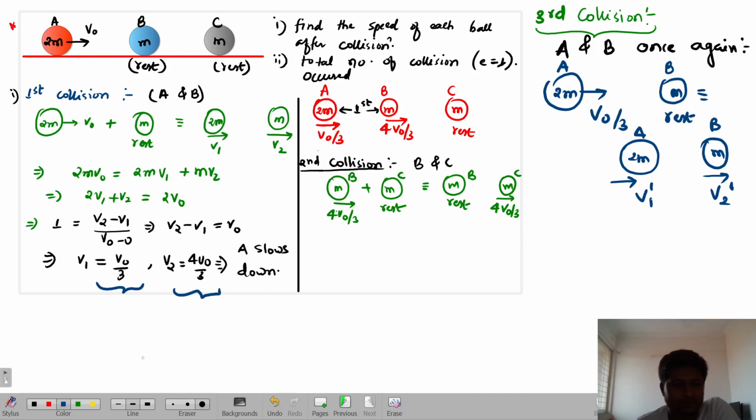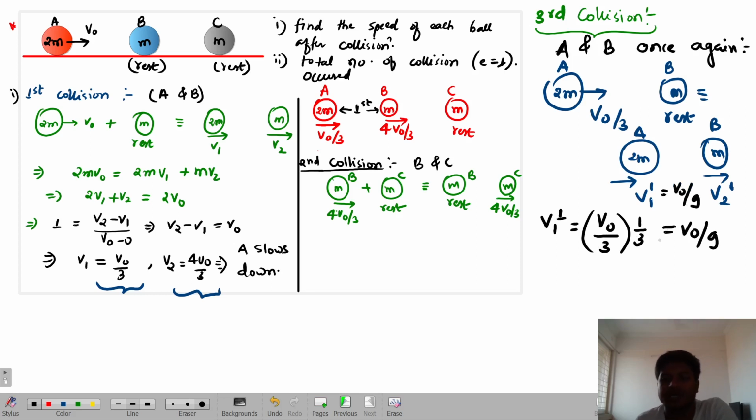So this V1 dash is going to be a factor of 1 by 3 of the original velocity. Is that clear? So V1 dash is V naught by 9, in the forward direction itself. Are you able to get me?